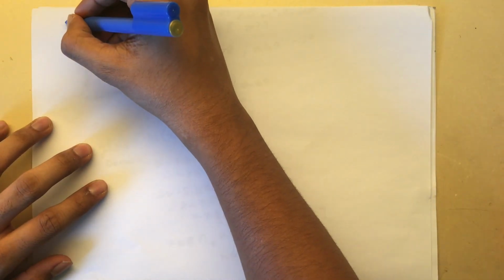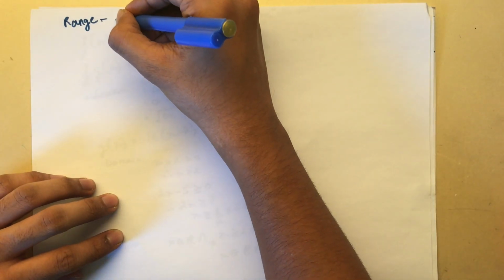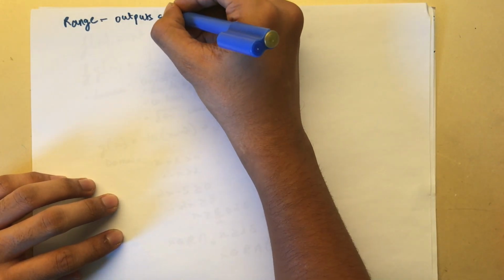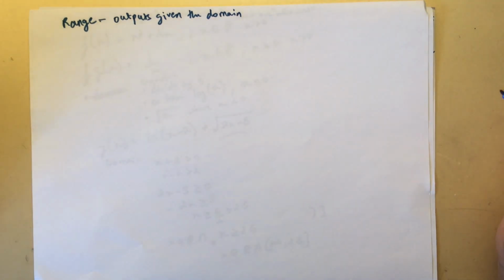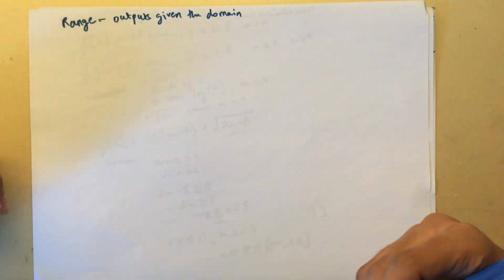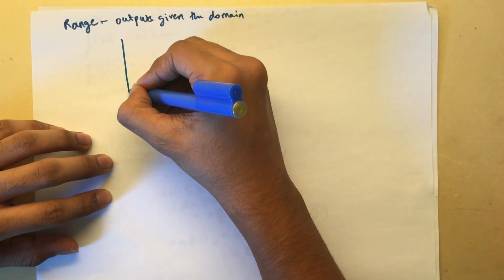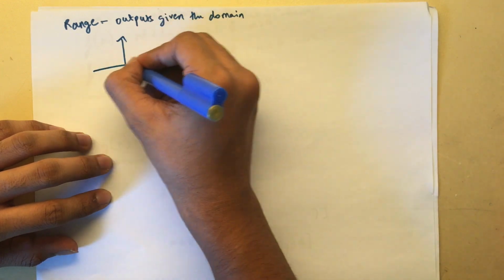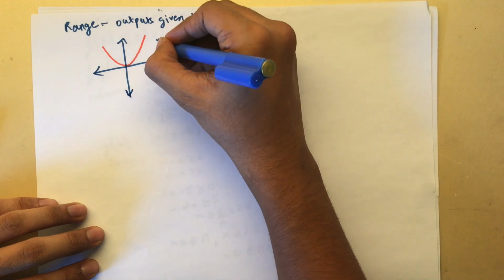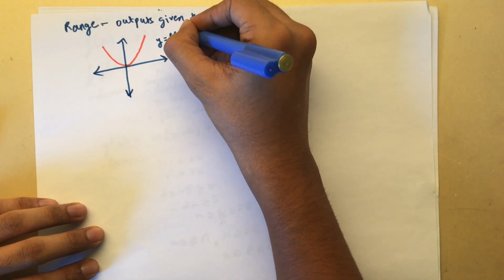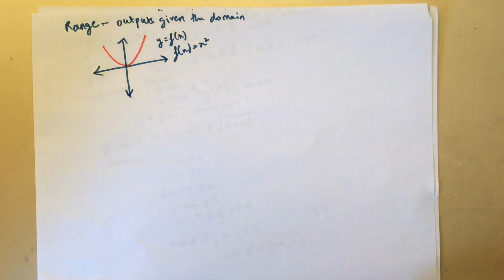Now, another very important concept is the range. The range is all the possible outputs given the domain. So if I input the entire domain, what is the range of all the possible outputs that I can get? A way to visualize that is if we had this graph of y is equal to f of x, where f of x is equal to x squared.